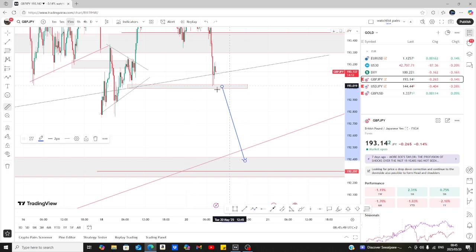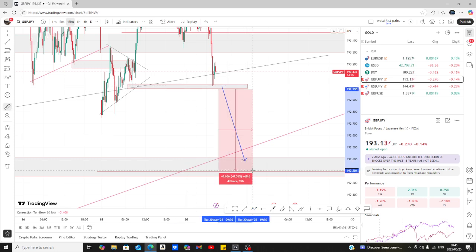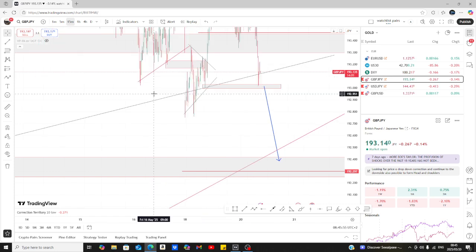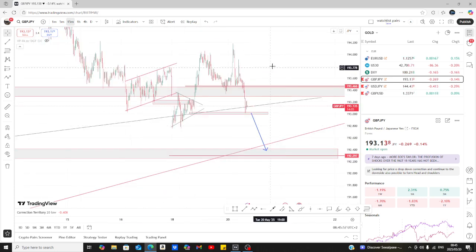And if you look at this, this is almost 70 pips. So yeah, sentiment for today: Euro USD long, GBP JPY short.